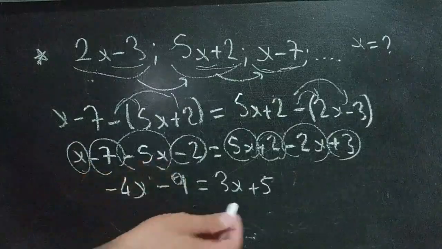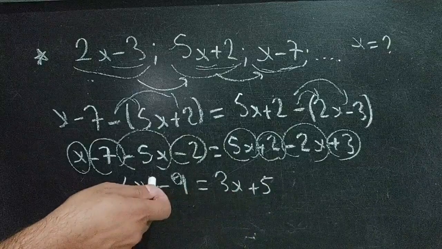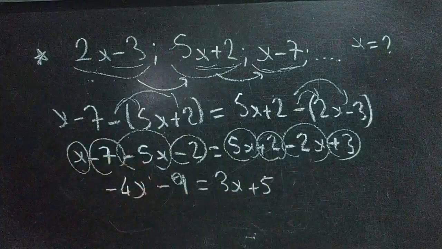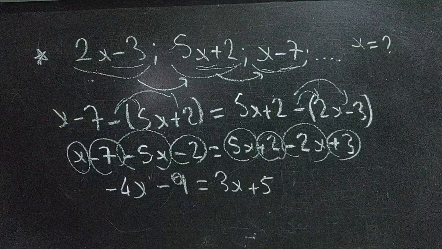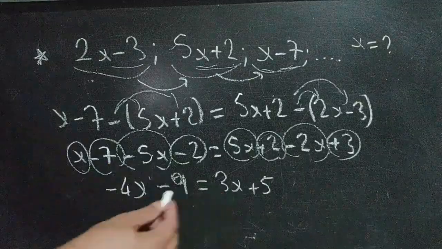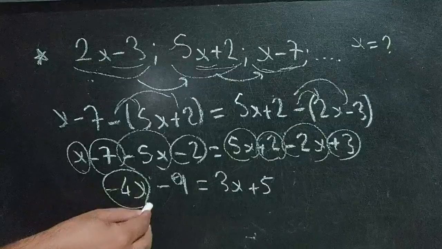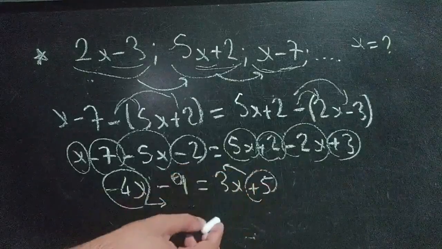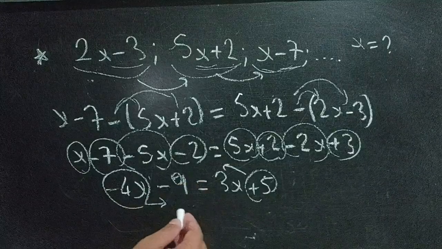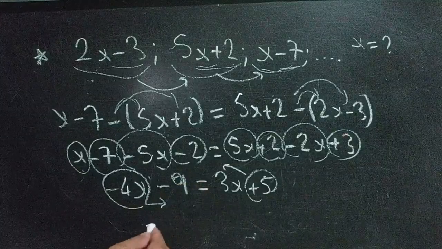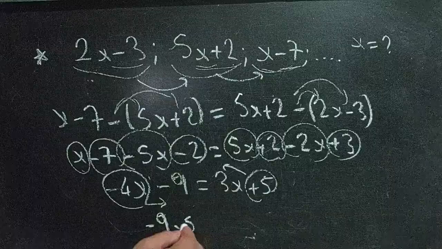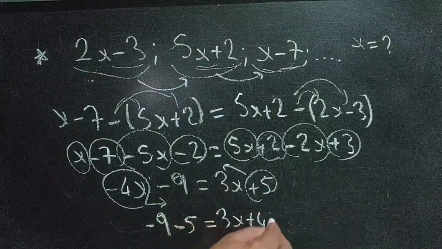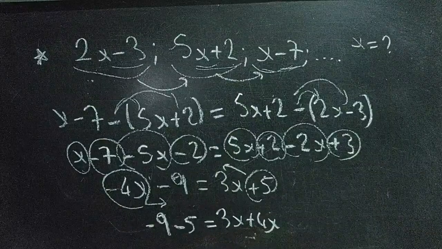So now we are going to choose one side for the unknown, one side for the numbers. I want to choose this side for the unknown, and this side for the numbers. What I do is that I'm going to take this one to the other side as positive and this one to the other side as negative. That will give me negative 9 minus 5 equals 3x plus 4x.